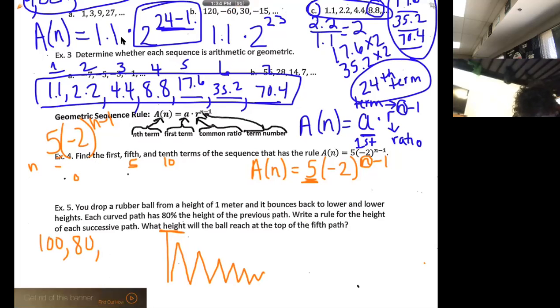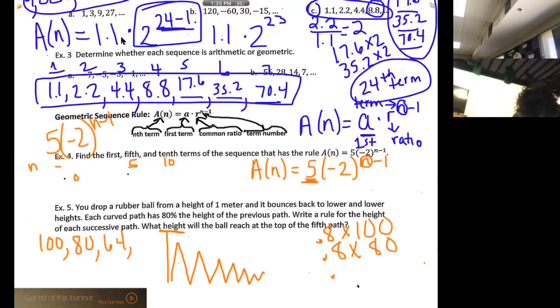Because 80% of 100 was 80, but what's 80% of 80? You guys have calculators. What's 0.8 times 80? 64.